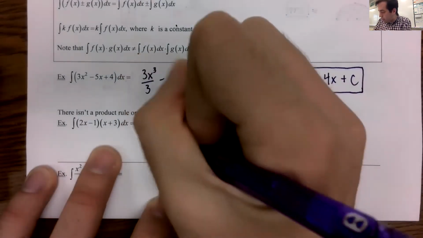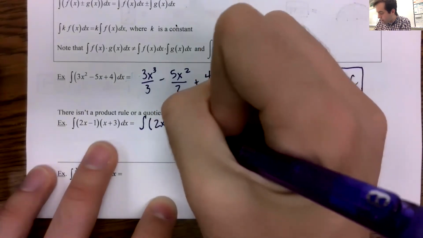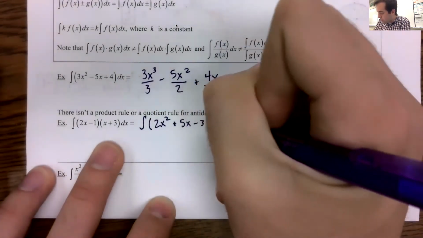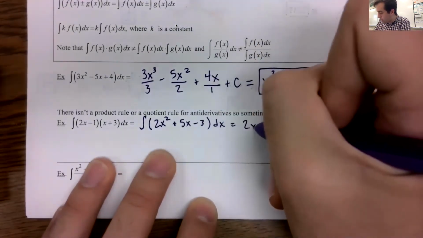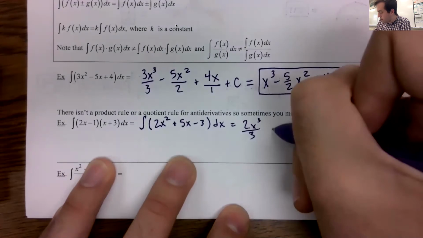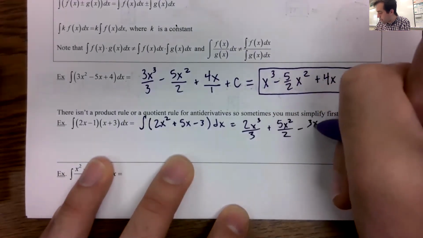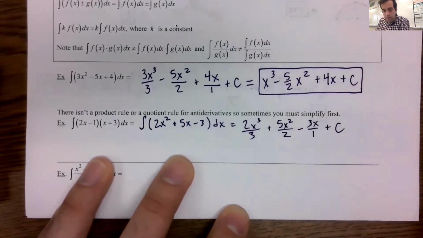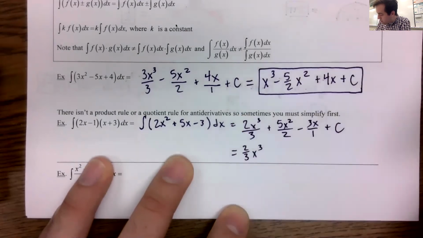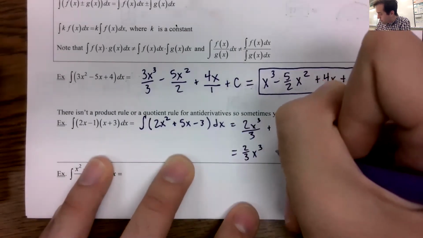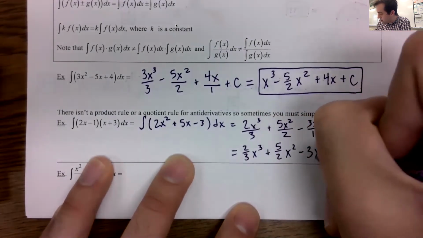If I FOIL, I'm going to get 2x squared plus 6 minus 1 is plus 5x, and then minus 3. And so we're going to end up with 2x cubed over 3 plus 5x squared over 2 minus 3x over 1 plus c. And then I'll rewrite that as 2/3 x cubed plus 5 halves x squared minus 3x plus c.